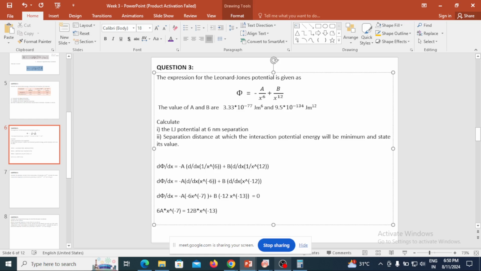So if you see here, what you will be left with is, this x power minus 7 and x power minus 13 you can cancel, so that will be x power minus 6.